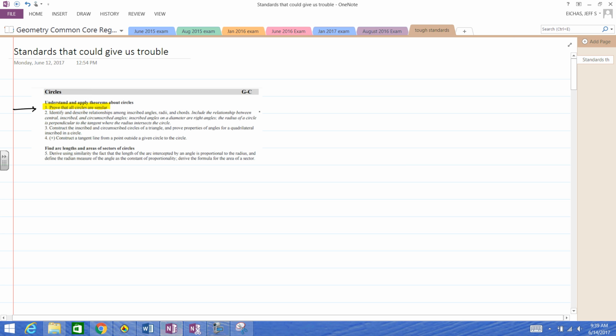One of the standards that we covered a month or so ago was to prove that all circles are similar. There were some different ways of doing this. We used similarity transformations to map one circle onto the other.